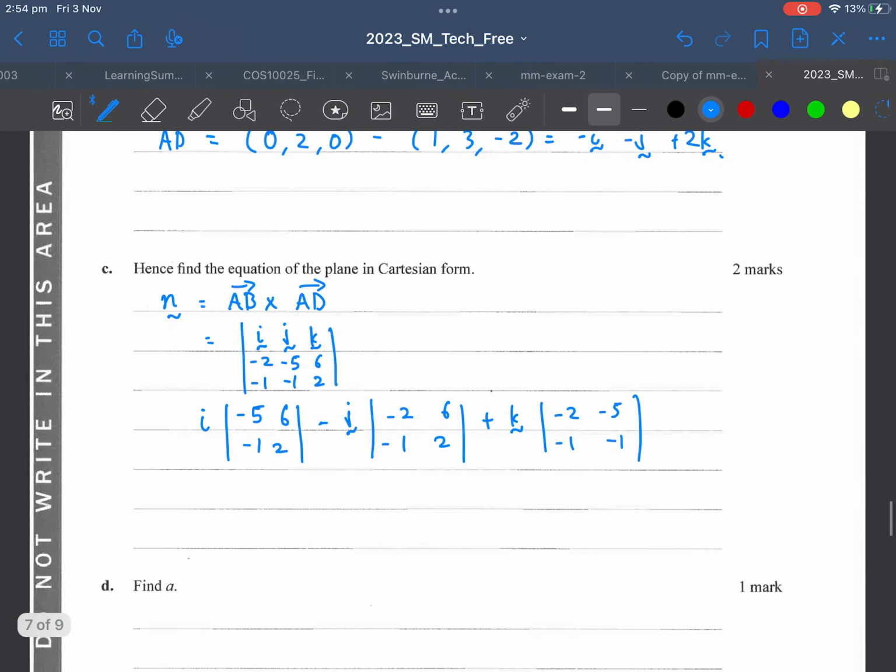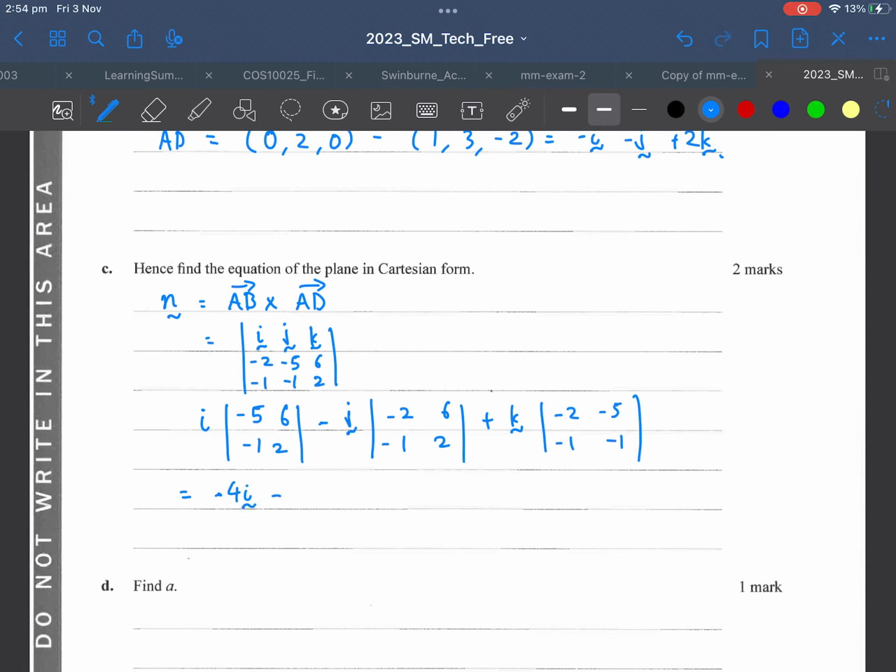Okay, so we will get minus 5 times 2 is minus 10, plus 6 is going to be minus 4, so minus 4i.